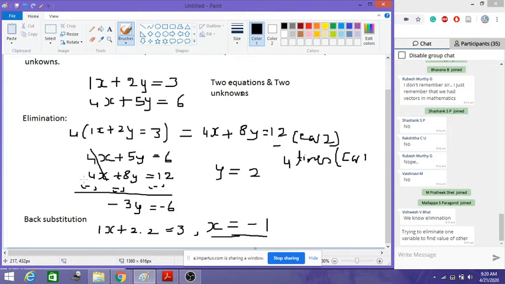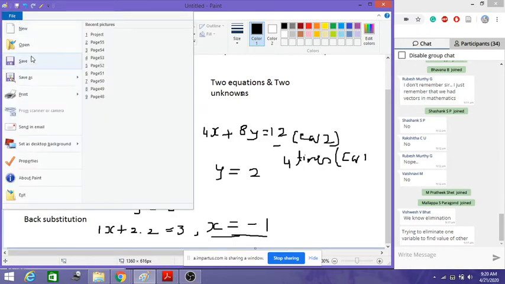The determinants, the ratio of determinants, and let us write for y here first. Let me clear this section.